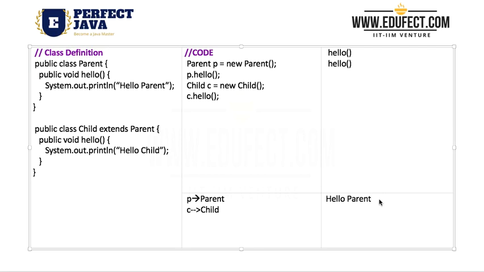It will print hello child. And because we found the method here, the parent's method will not be called when we are doing c.hello. So this concept is known as method overriding, when in a child class we have implemented or defined a method which has the same signature as that in the parent class.